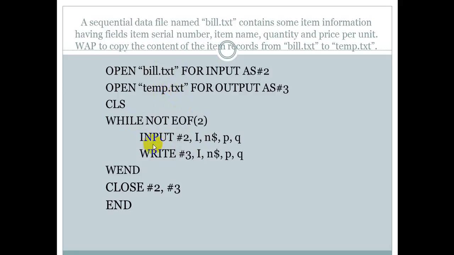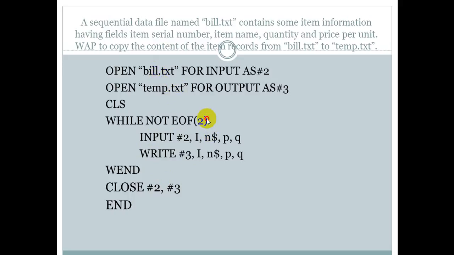So read the content from file 2 and write in file 3. Then close the files, both files we have to close. So this program will copy the records from bill.txt to temp.txt.